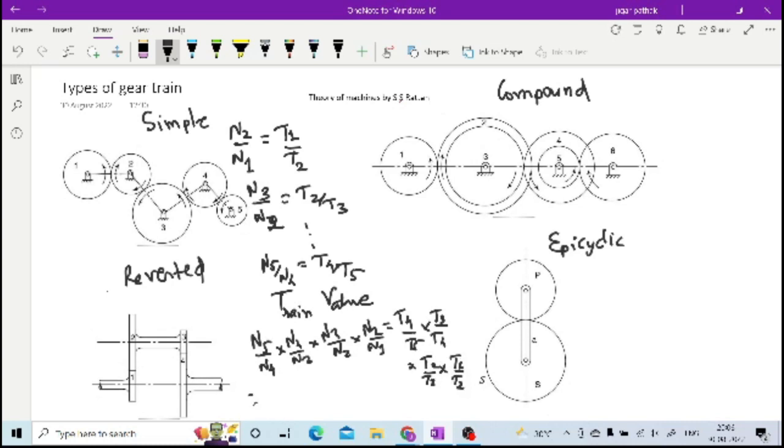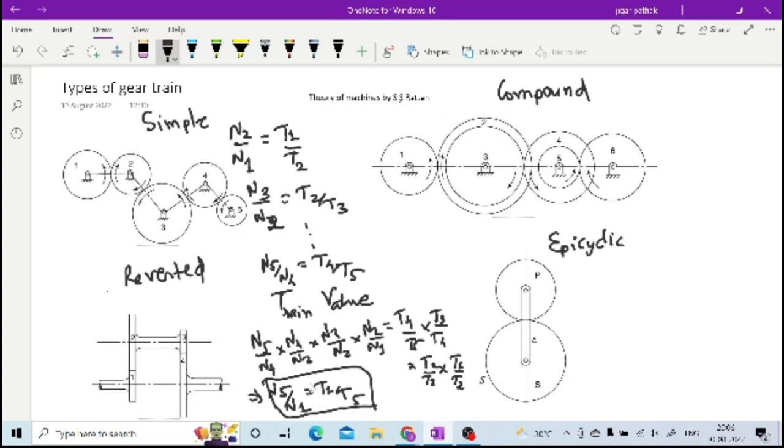If you figure it out for this simple gear train, then N5 by N1 will be equal to T1 by T5, because all the things will cancel out, N4, N3, and T4, T3, T2, and you will be left with N5 by N1 equal to T1 by T5. So this is your train value for the simple gear train.